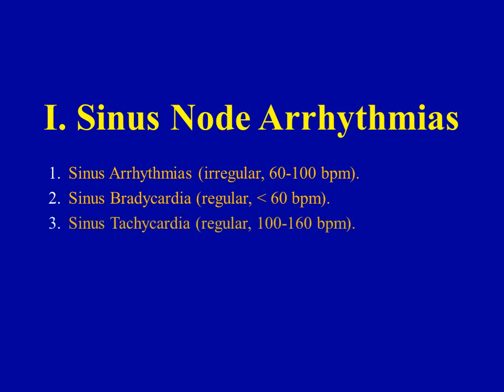Then we have the sinus tachycardia. The rhythm is regular, like the sinus rhythm, but the rate is higher than 100, up to 160 beats per minute. And we have two conditions: the sinus arrest as well as the sinus pause.